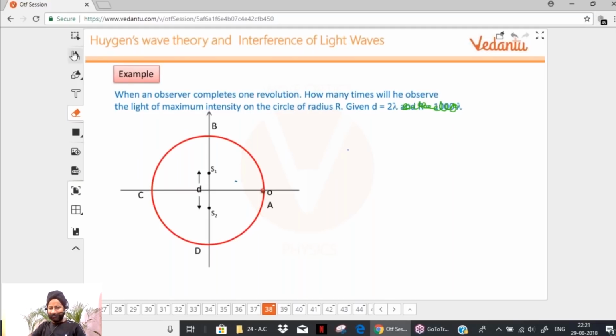There are many more points than what you're saying. So think about this distance is 2 pi. Oh, sorry, 2 lambda. So there will be more of these points. If somebody has not understood the question, please ask me.